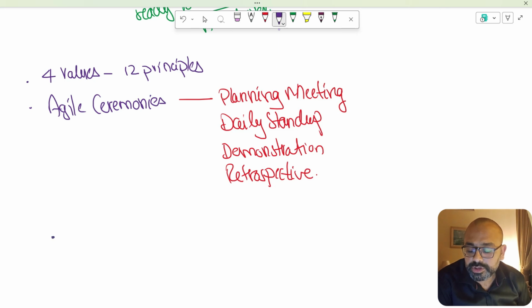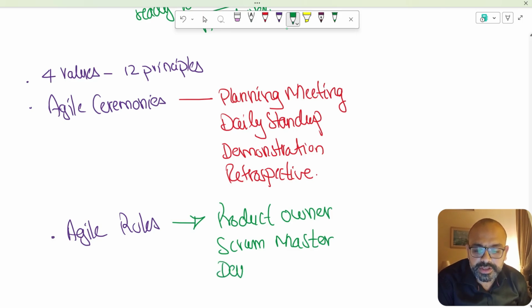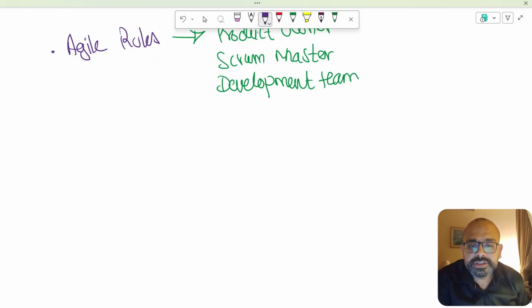Then we must know the Agile roles. Here we discuss a role which is the product owner, Scrum Master, and the development team. And then we have discussed the concept of the product backlog.